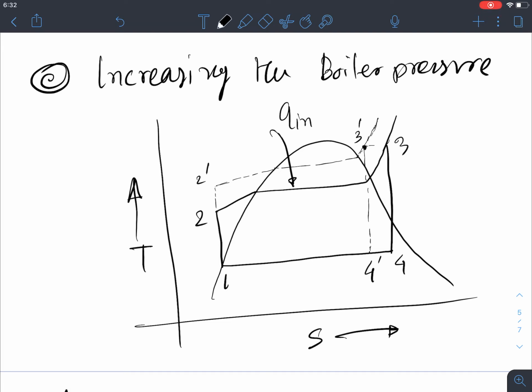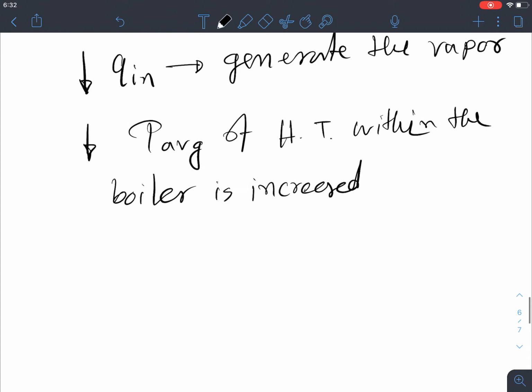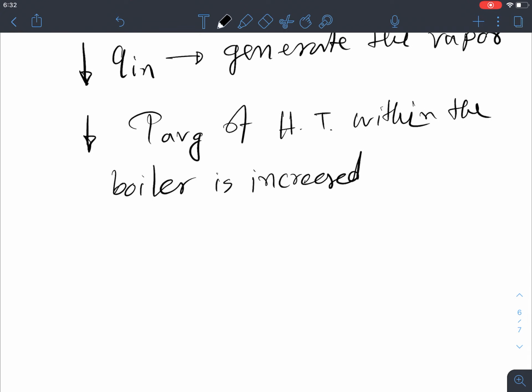If you look at this graph, the temperatures T3 prime and T2 prime are higher than T3 and T2, right? So the temperature is obviously higher in the increased pressure line. So the average temperature is increasing, thus the Q in is decreasing.